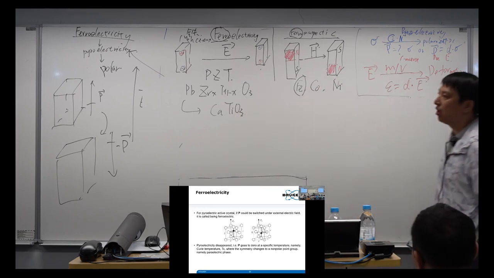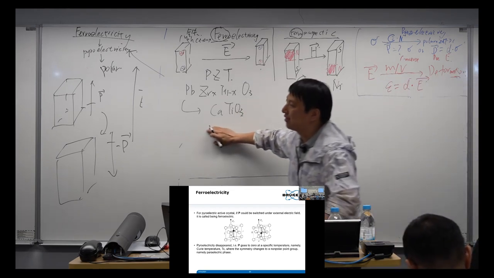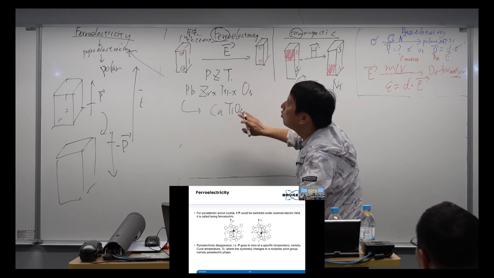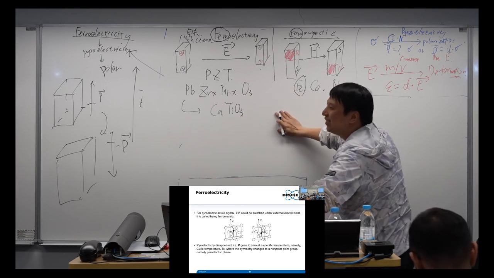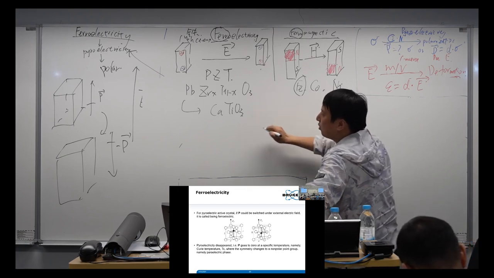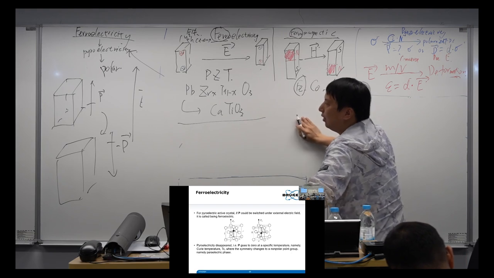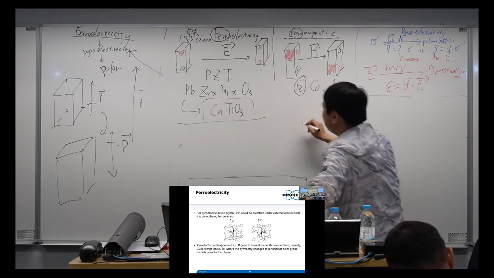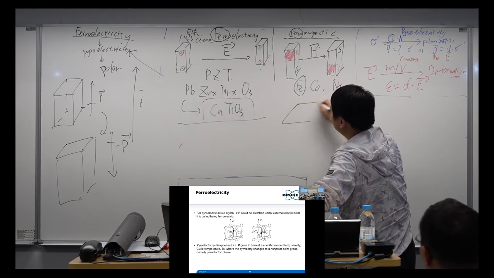It has the same crystal structure as perovskite, right? That's the name. In Chinese, we call it 钙钛矿, right? So the crystal structure of the famous one is a cube.